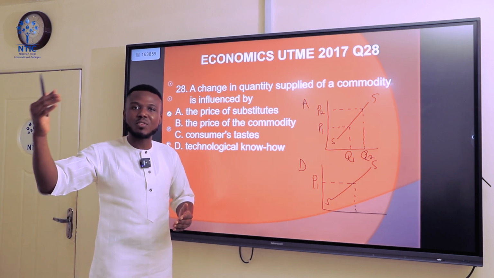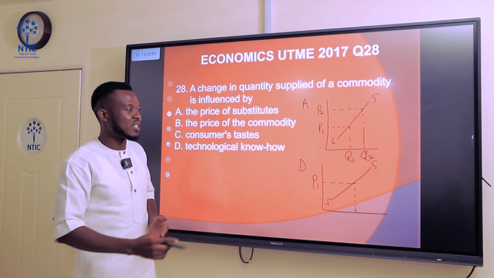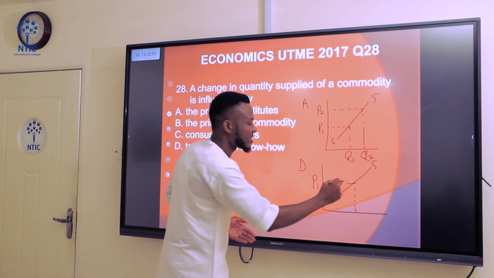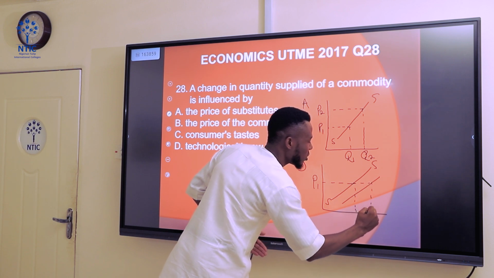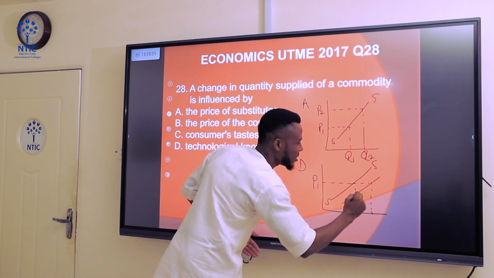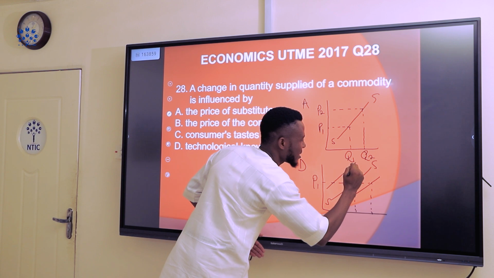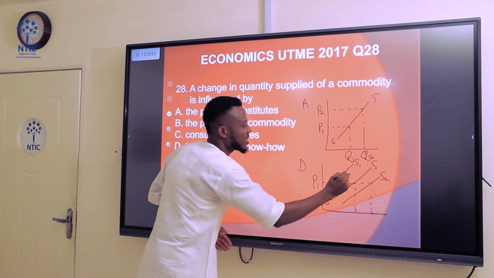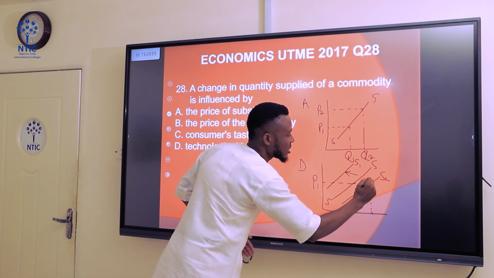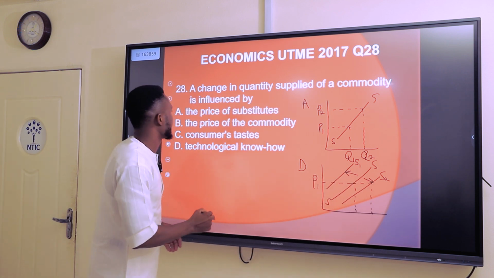Due to the price of competing or other commodities, the price will remain the same, while the quantity supplied can also increase or decrease. So at P1, we are having different quantities supplied, say S1 here and S2 here. Either it is going backward or it is moving forward.